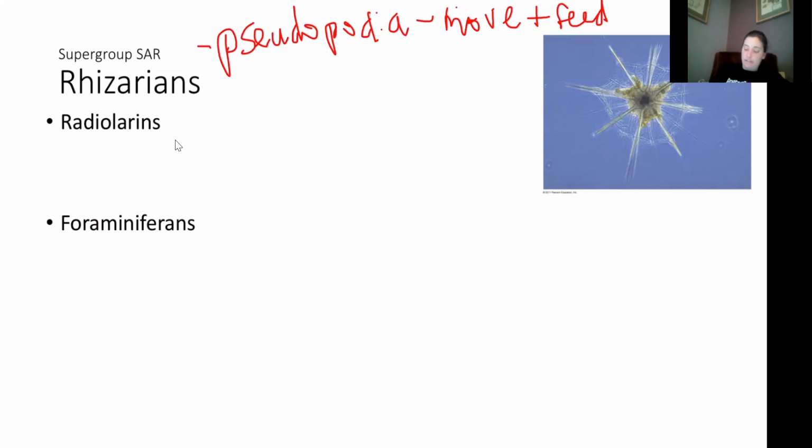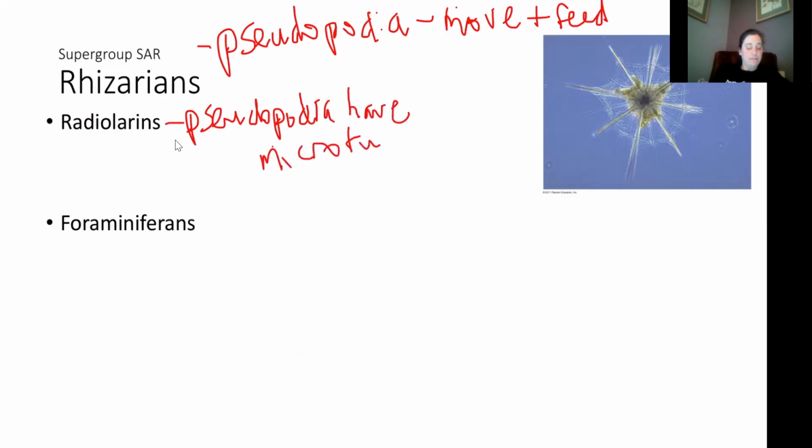Again, what makes them unique is that their pseudopodia are reinforced with microtubules inside them. So it makes them a little firmer. You can see these are pseudopodia. So they have microtubules inside their pseudopodia. So pseudopodia is just a cell membrane with cytoplasm in it, basically.